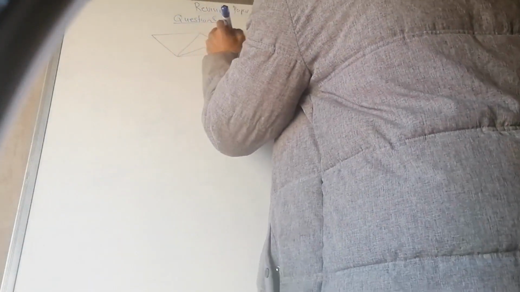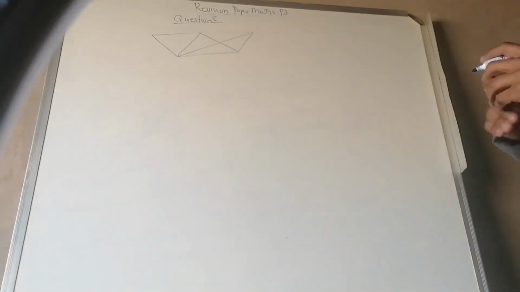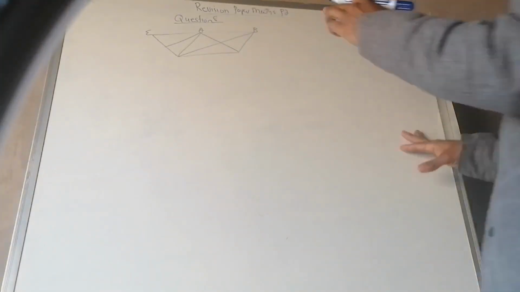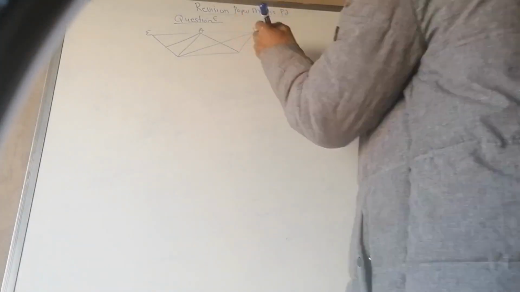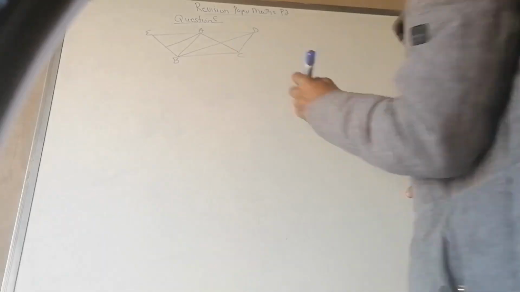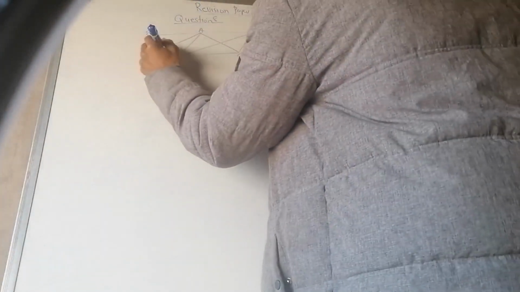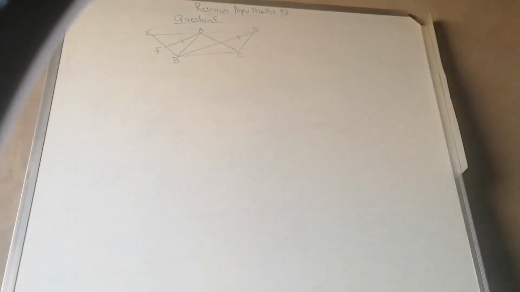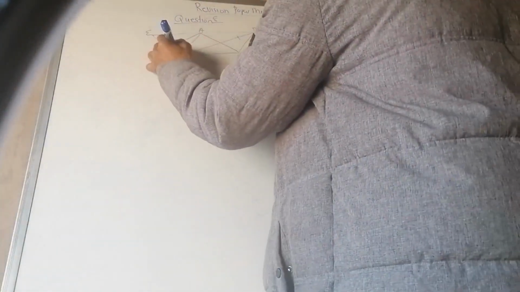This is what we are provided with. We have E, A, D. We have B, C. We have F. We are told that this is equal to this, and that this is equal to that.